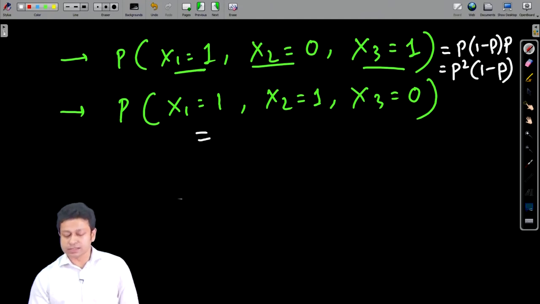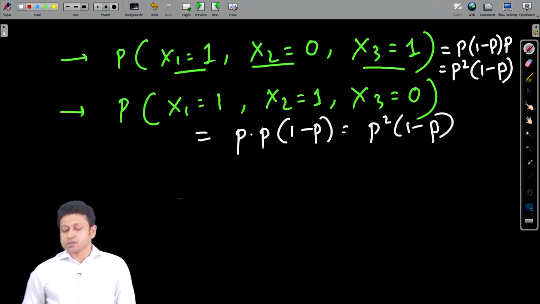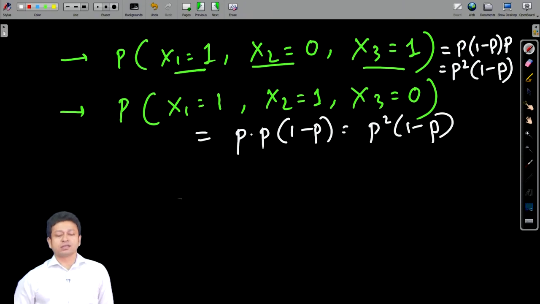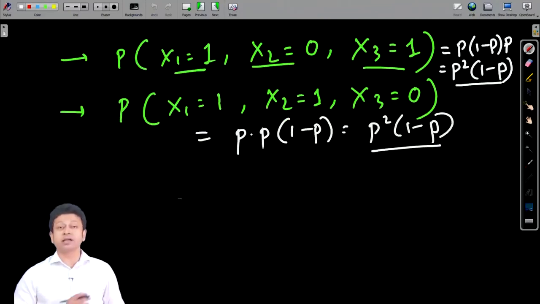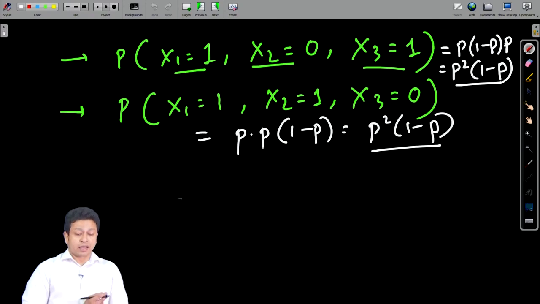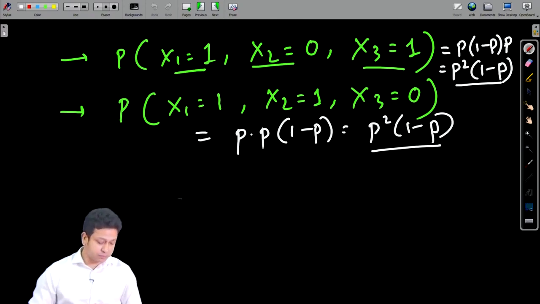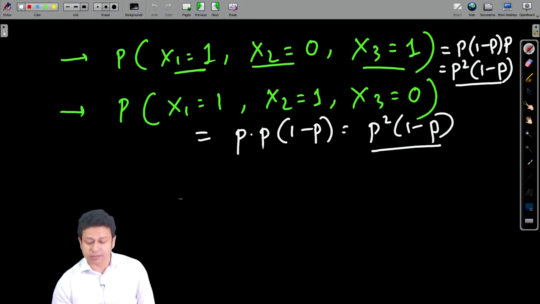For the third one, I am going to have p, p and 1 minus p, so it again means p square into 1 minus p. So for all the different trials, or different Bernoulli processes, that we had, the probability is going to be the same, because I am only talking about 2 successes out of 3 trials. Now, when I talk about binomial, it actually represents all the possible outcomes.